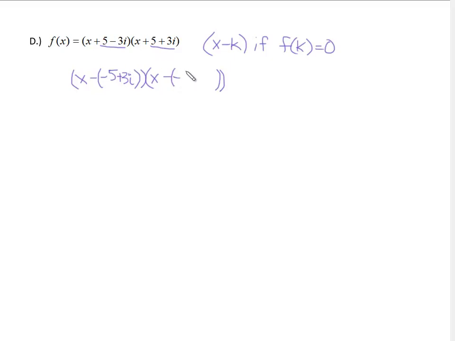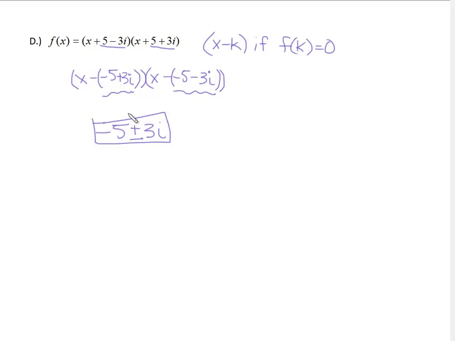That gives me -5 minus 3i. That's just going to change the signs of each of those inside of our remaining parentheses. So in this case, these are my k values. Beautiful handwriting. We've got -5 plus 3i and -5 minus 3i. And we can write that as -5 plus or minus 3i.